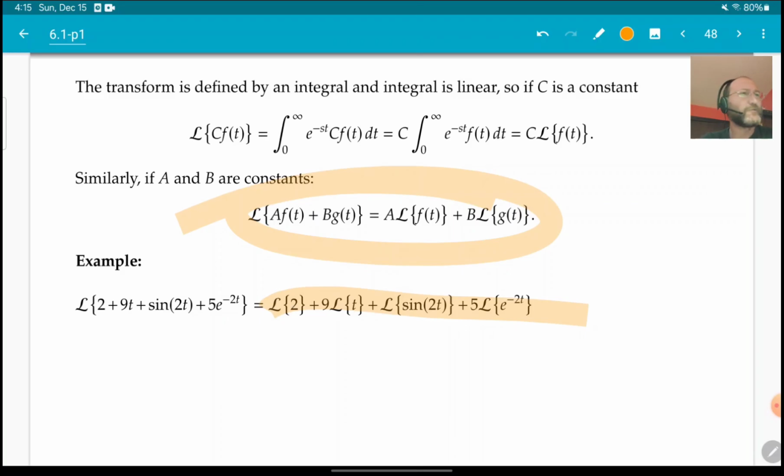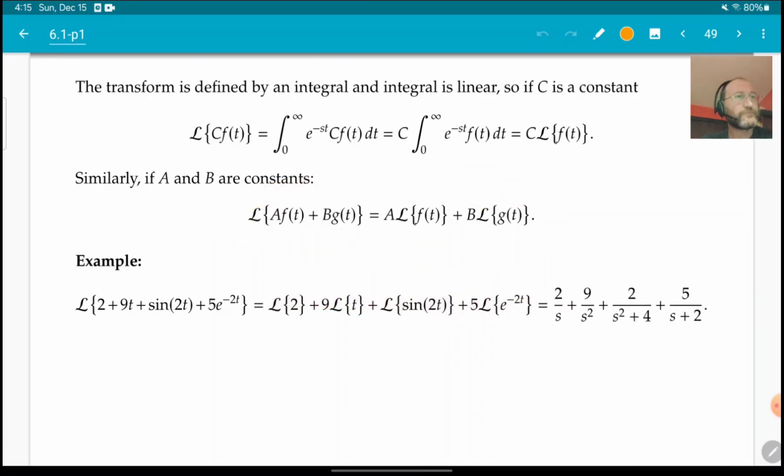So I could have Laplace of 2, that could actually be 2 times Laplace of 1, right? It would be the same thing, plus 9 times Laplace of t, plus Laplace of sine of 2t, plus 5 Laplace of e to the minus 2t.